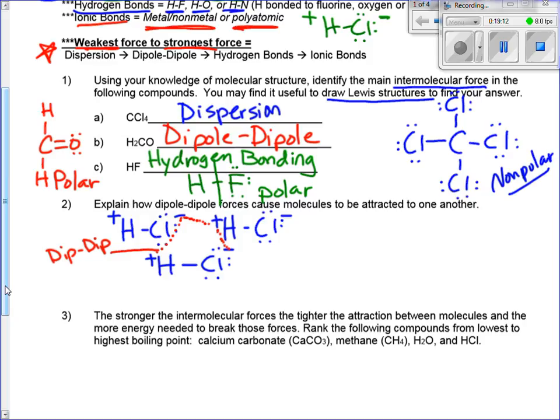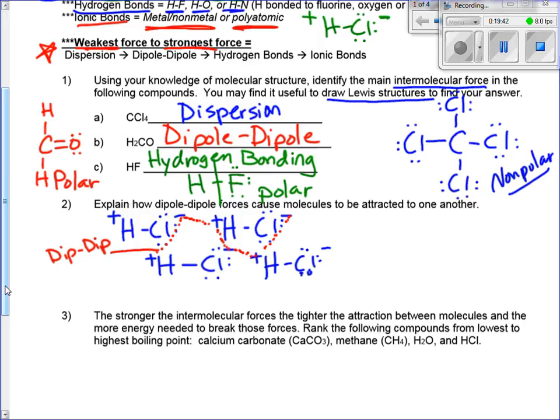I could continue to draw this over here. We could continue going with more, as you would see the same thing happening. So this positive would attract the negative, this positive would attract to the negative, and you see it starts this big network of forces holding the HCl together. Okay? So all of those red lines would be dipole-dipole forces.